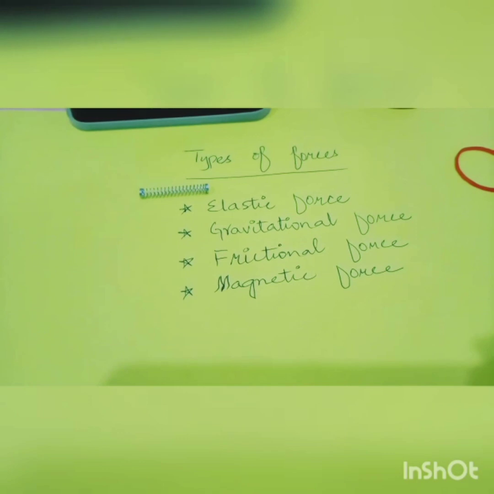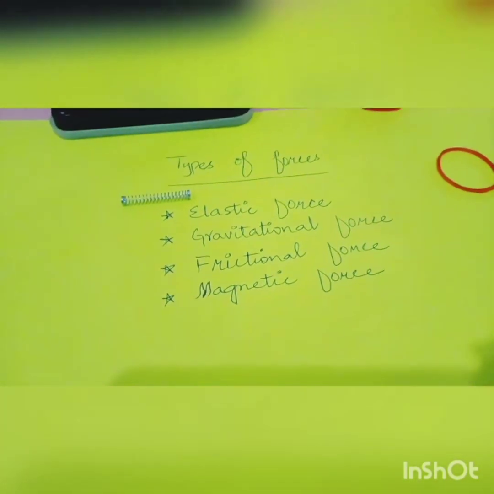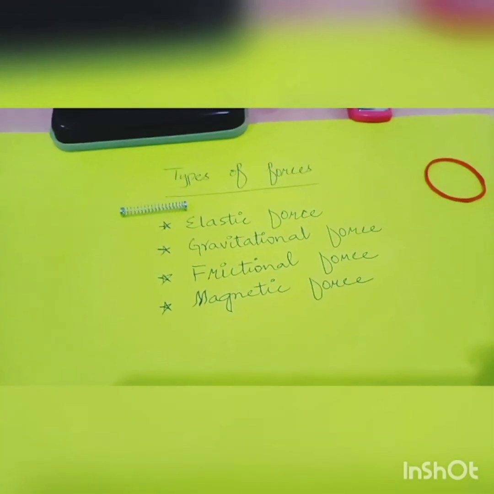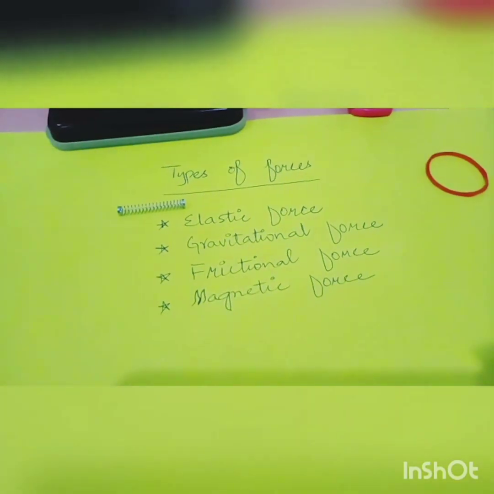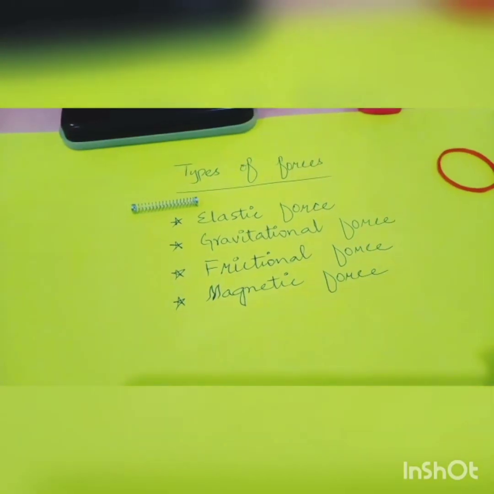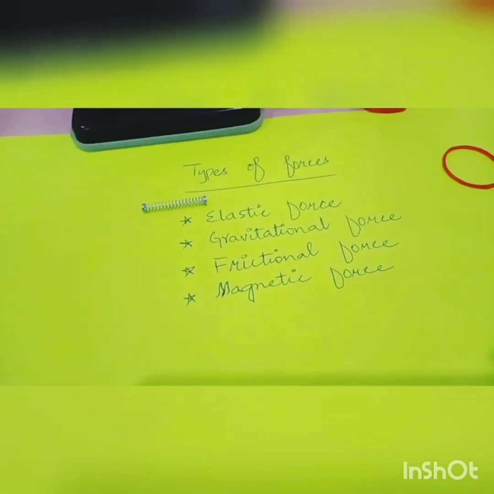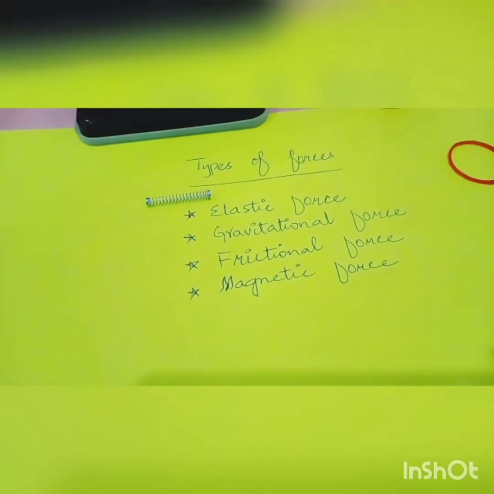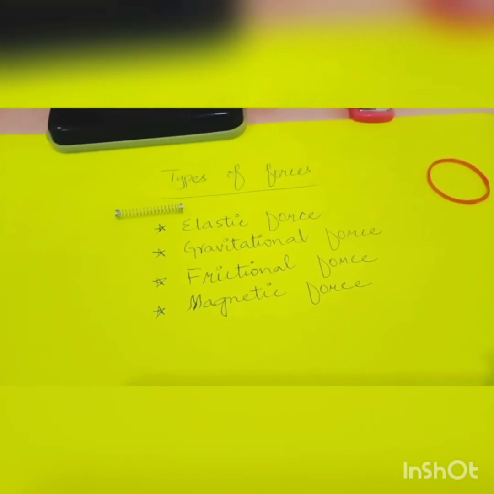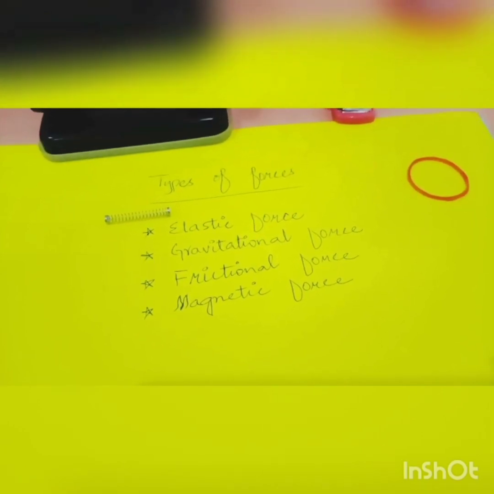We can say magnetic force is the pushing and pulling force of magnets, because magnets have two poles, the north pole and the south pole. We know very well that the same poles repel each other, so they push each other, and the opposite poles attract each other and pull.